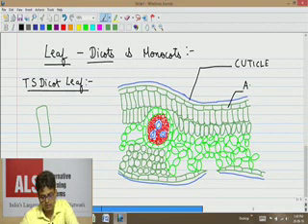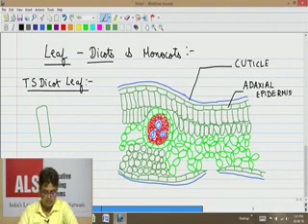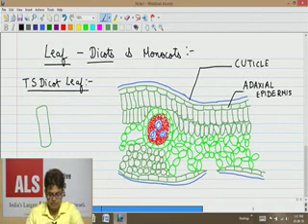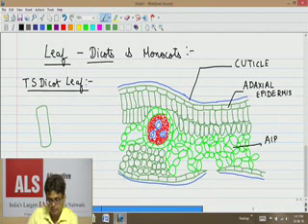So this is the adaxial epidermis. Adaxial epidermis. Now this part is called the air cavity. Okay, this is the air cavity.